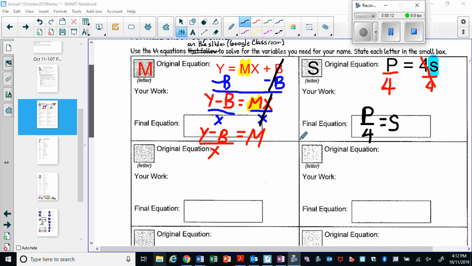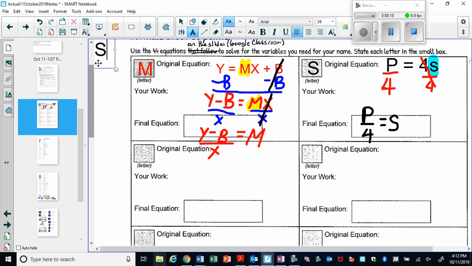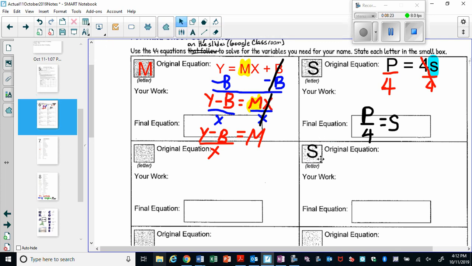So here's an example. We'll go back to the letter S. But now we need to use a different equation. So we can't use the P equals 4S equation again. However, we will use the following.